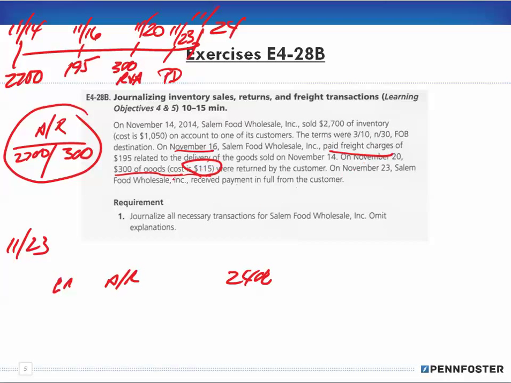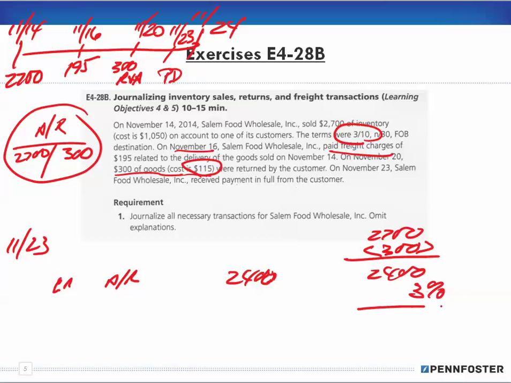It also says that they're receiving payment in full and it falls within the discount period. Okay. Well, what's our discount? If we sold $2,700 worth of stuff and $300 was returned, right, that's $2,400. And we get a 3% discount on that.